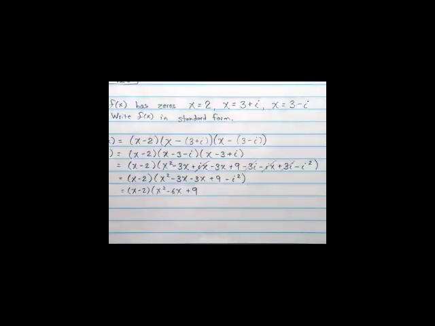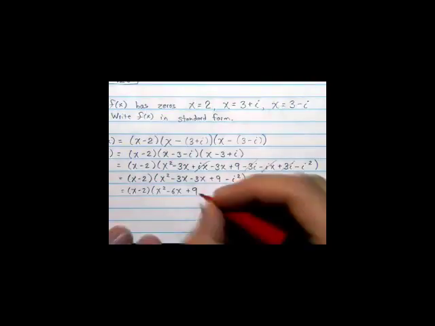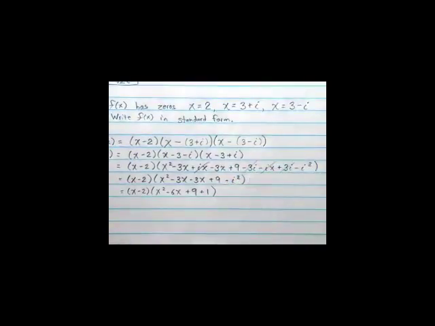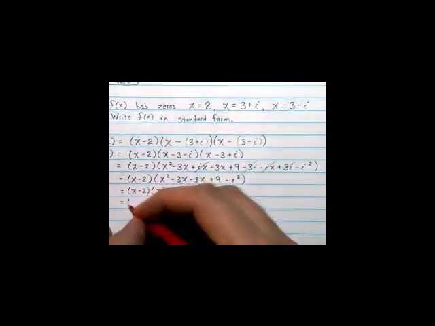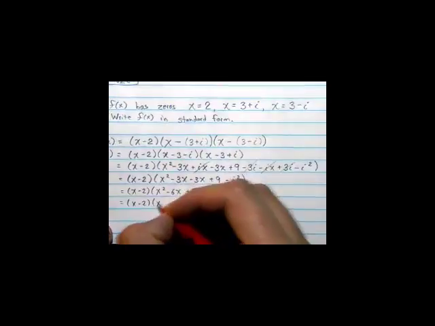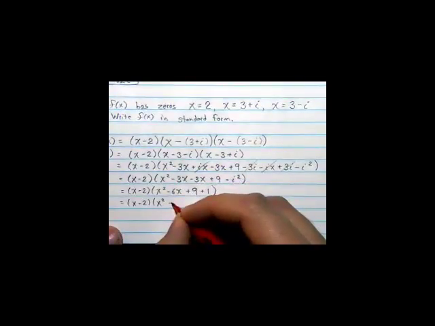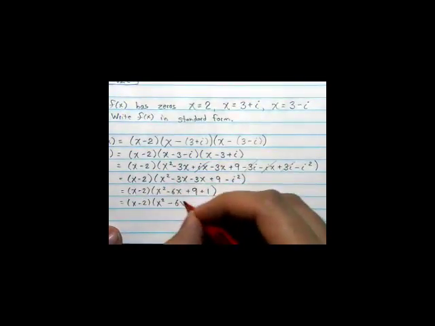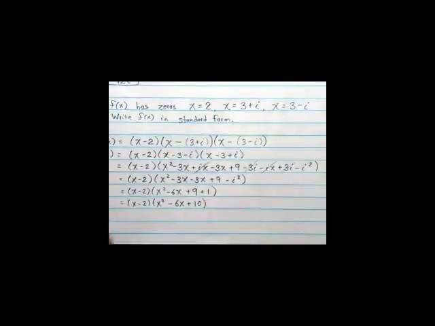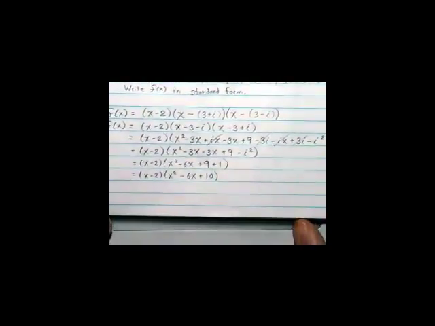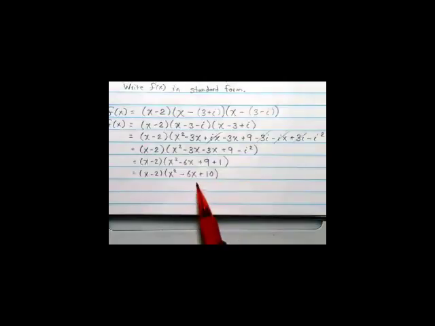So it'd be a positive 1, right? So that plus 1. So what we really have here is x minus 2 times x squared minus 6x plus 10. So like I mentioned, if you've done your multiplication correctly, there shouldn't be any i's left.